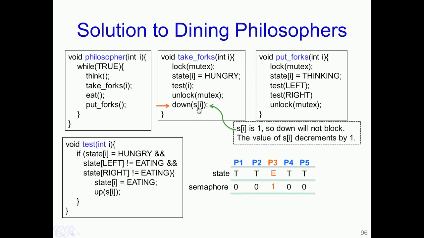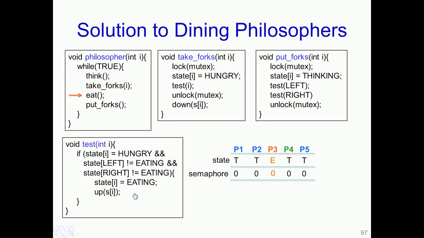So, here Si had the value of 1. So, the down will not block, but rather it is just going to decrement the value of Si to 0. So, the corresponding semaphore has a value of 0, and then philosopher 3 can go to the eating state and consume his food.